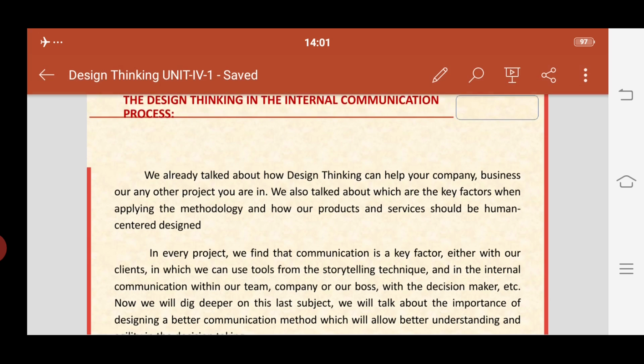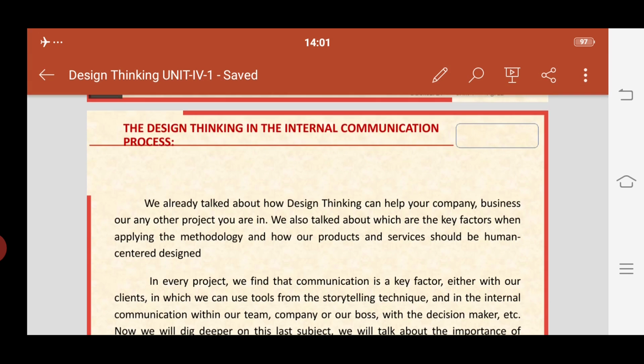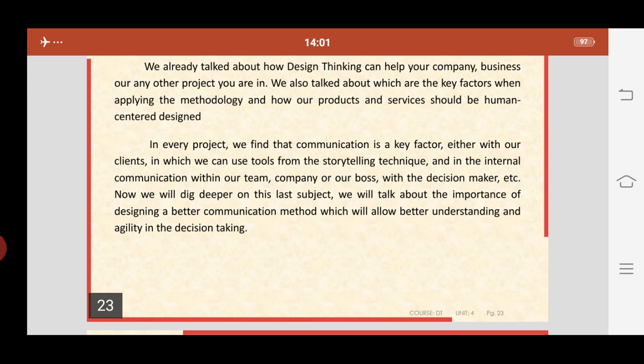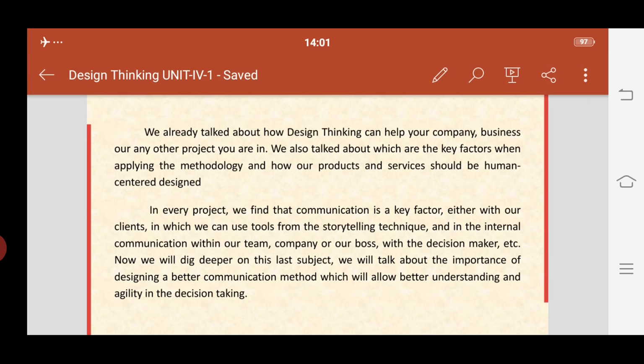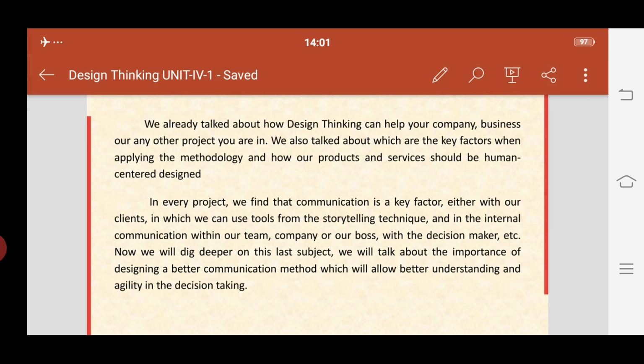In the design thinking in the internal communication process, in the test phase, we discuss the ability to convince the end user. You have to release the product to the customer, and that person is the end user.